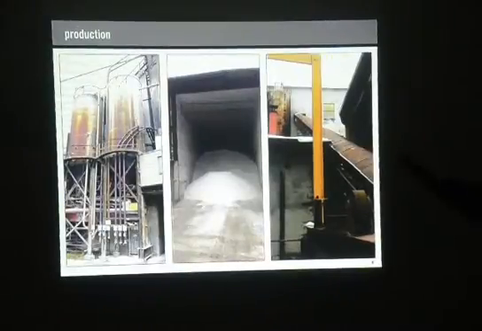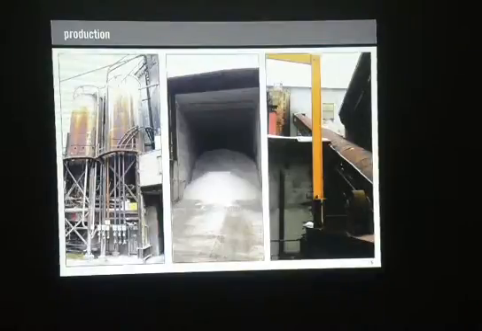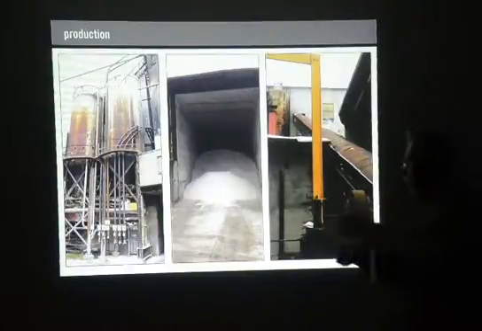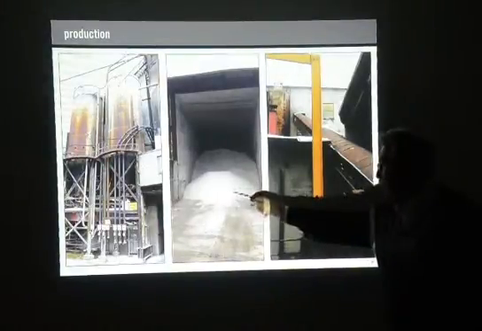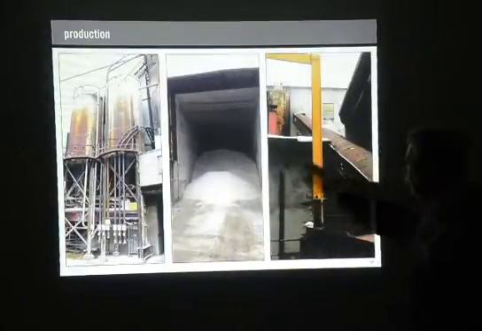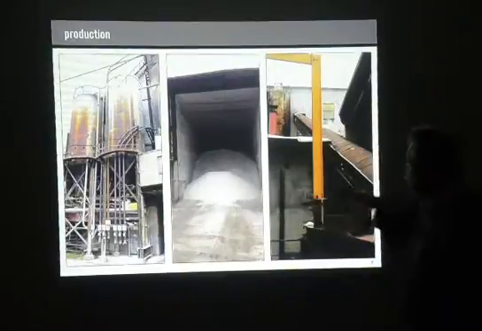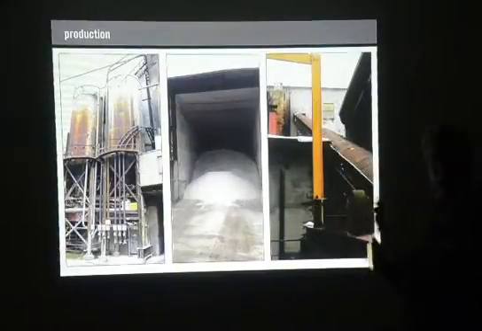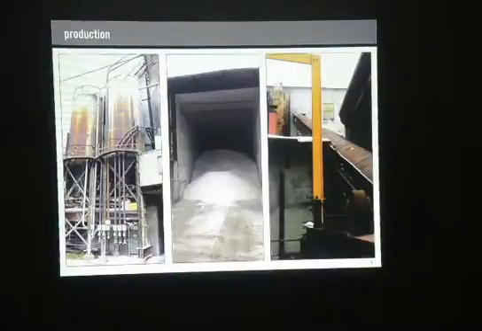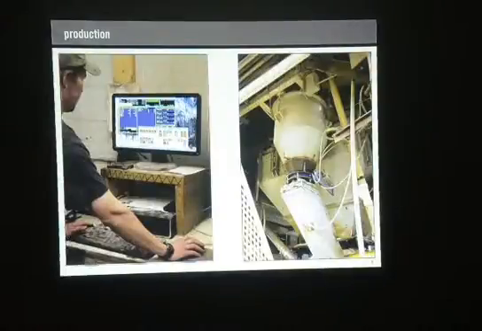But the thinking is they're pumped into these silos, and then they start to be brought for the products with mixing of sands and aggregates up the conveyor belt and into a mixer. So they're all going to be mixed in a mixer.